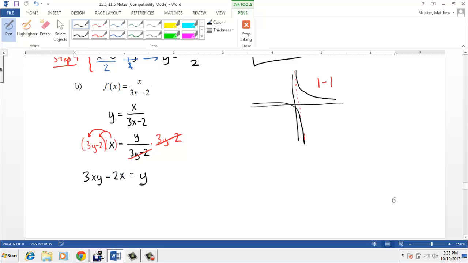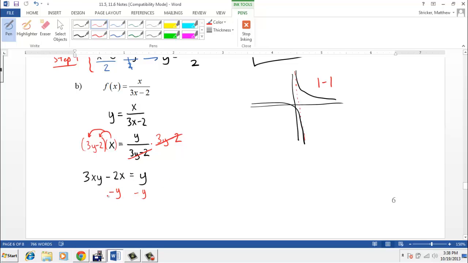equals y. And we're trying to get y by itself, and right now we have the problem that we have a y on the right hand side and a y on the left hand side. We need to get them both on the same side. So what I'm going to do is subtract this y over to the left hand side, and I'm going to also move this 2x over to that side.